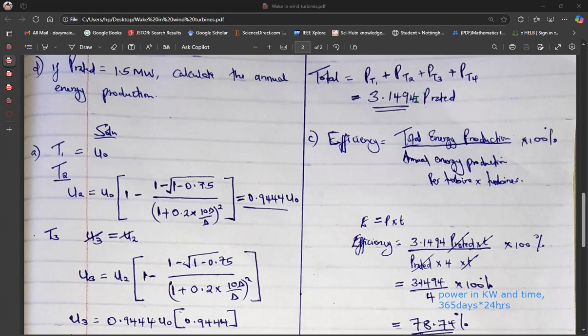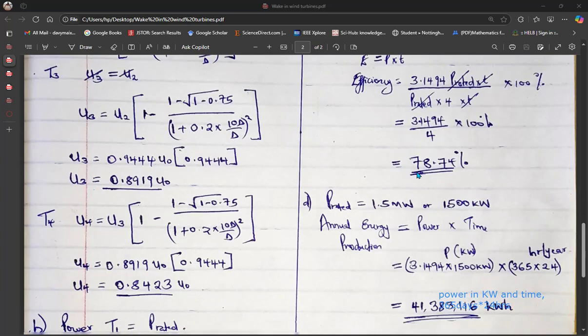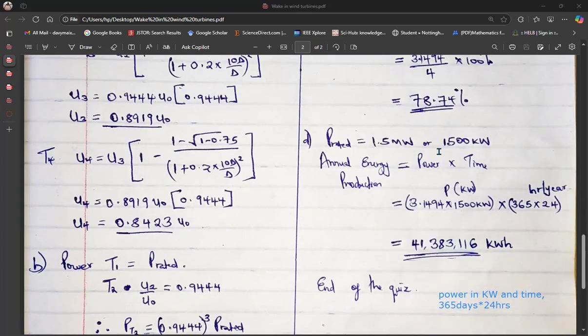We multiply this value by 1500 kilowatts, and then multiply by the time. So our energy becomes 41,383,116 kilowatt hours.